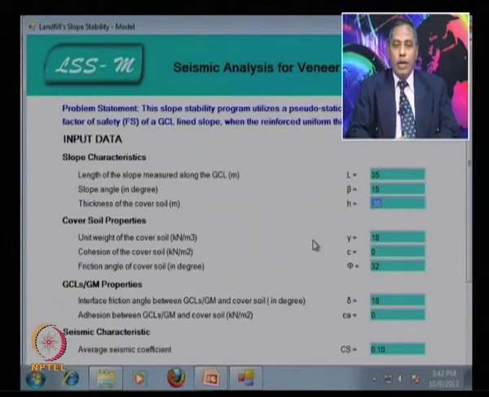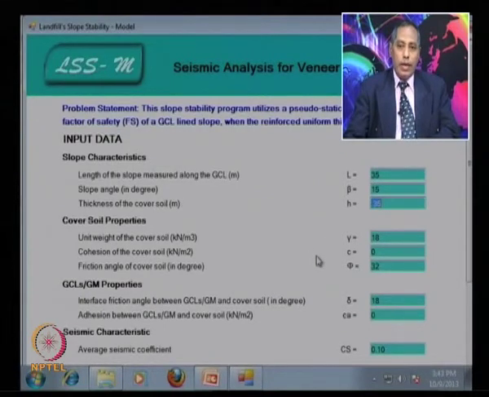Here input data, the soil characteristics, that is length of the slope L is equal to 35 meter, then slope angle beta is equal to 15 degree, and thickness of the cover soil H is equal to 0.35 meter, and cover soil property, that is gamma is 18 and C is equal to 0, phi is equal to 32 degree, and geosynthetic clay and geomembrane property, that is delta is equal to 18 degree and Ci is equal to 0.